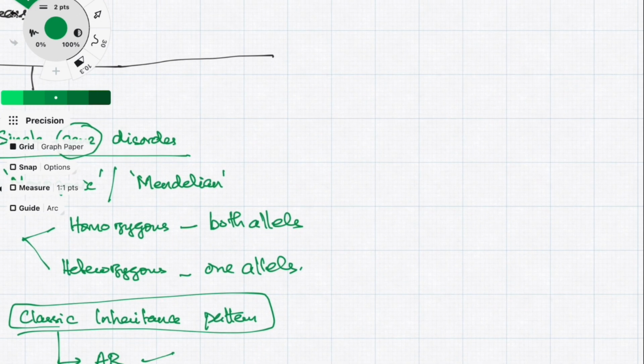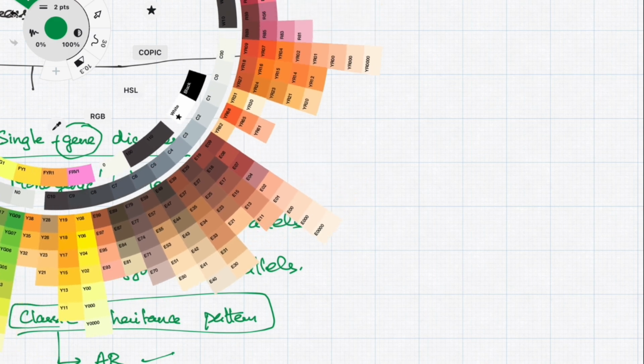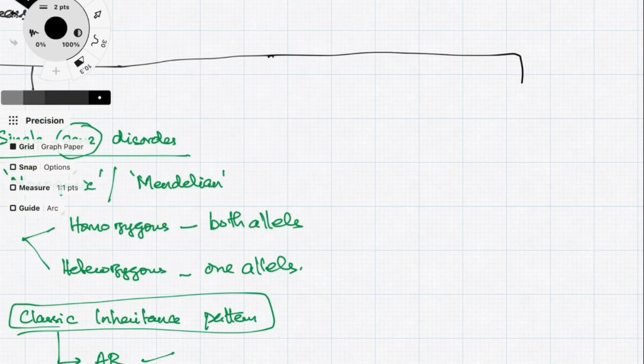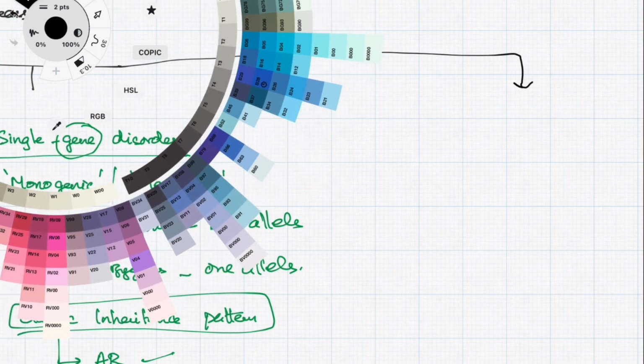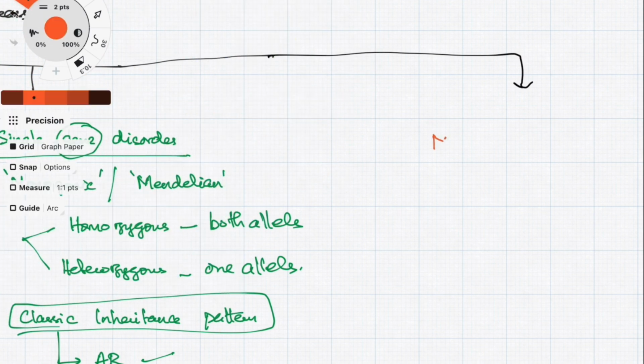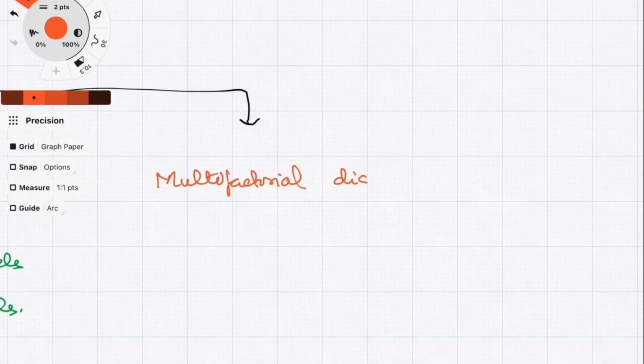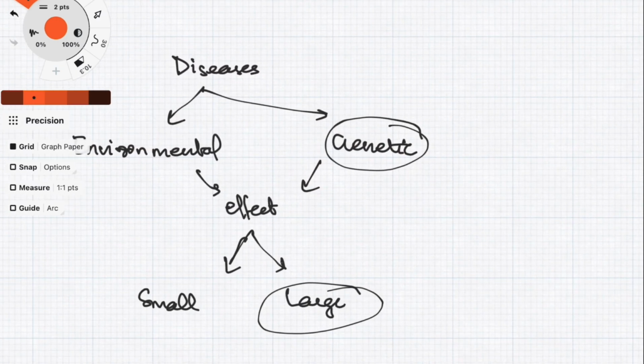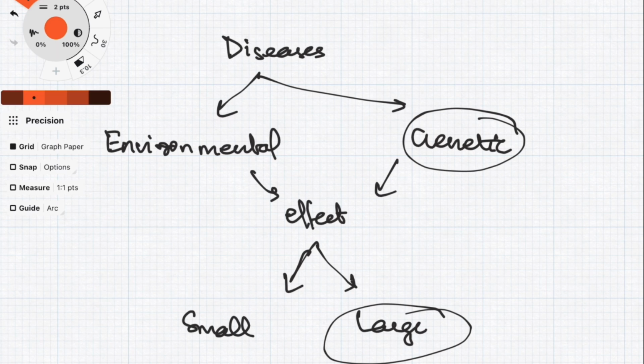Then nowadays we have a third set of disorders which are becoming more and more prevalent, and they are called multifactorial disorders. Multifactorial means we have already discussed diseases having environmental factors as their cause of pathology or genetic causes.